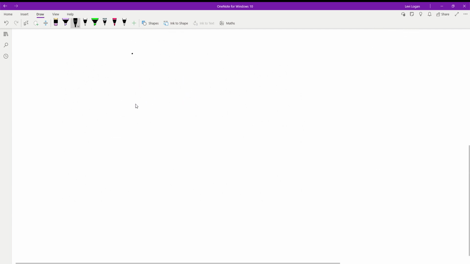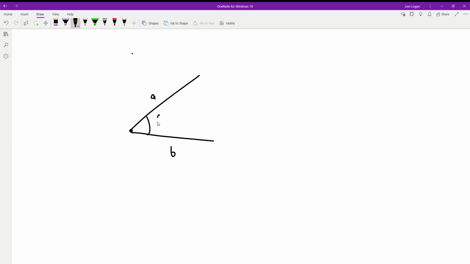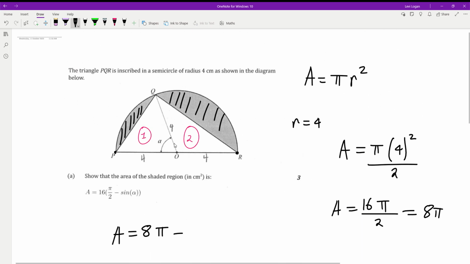In trigonometry, if you know this side length and this side length, and you know this angle here, the area of that triangle is a half times that side length A times that side length B times sine of that angle. As you can see in here, we've got that same scenario for both of them, except we don't really know what this angle here is at the moment, but we can work it out pretty easily.